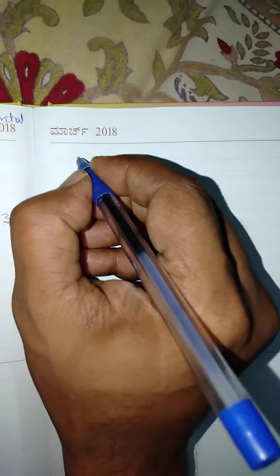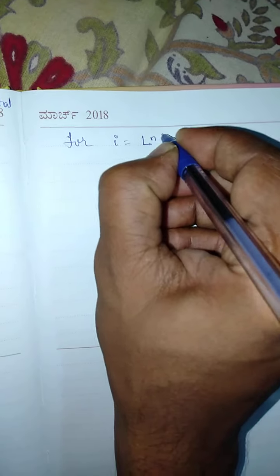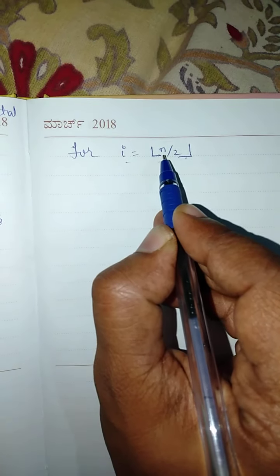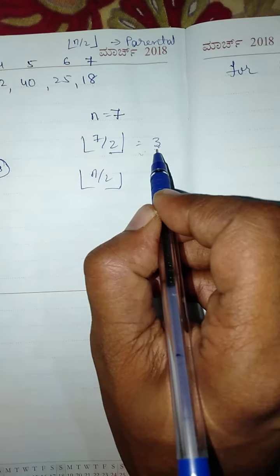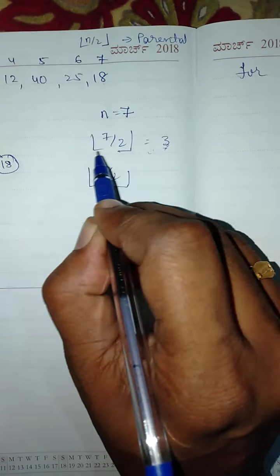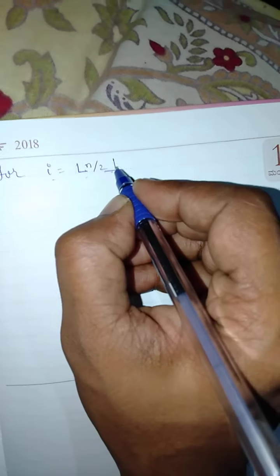Therefore, you can look at the algorithm, the bottom up algorithm. The algorithm starts with a for loop for i is equal to n by 2. Why i is equal to n by 2? Because we are starting from the last parent. The last parent is available at this index, and this index is available with this formula, n by 2 floor function. Okay, right. So till what value?